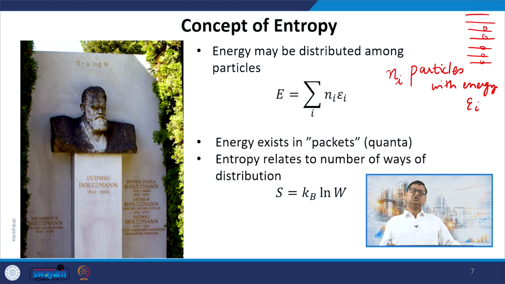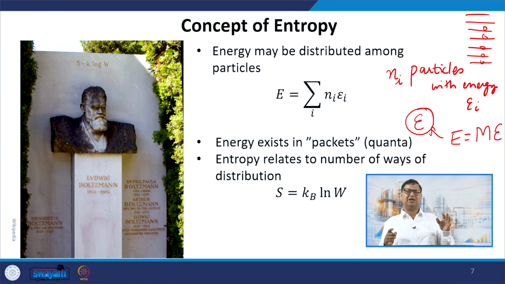Just to simplify the picture, let us say the smallest possible energy is epsilon, then the energy of a system is something like m multiplied by epsilon, that is the total energy available in the system. Of course, there are assumptions made here.